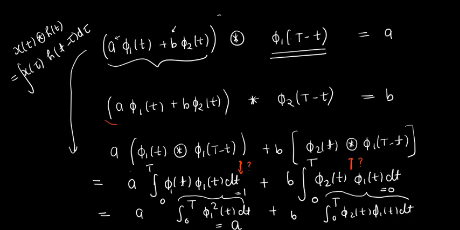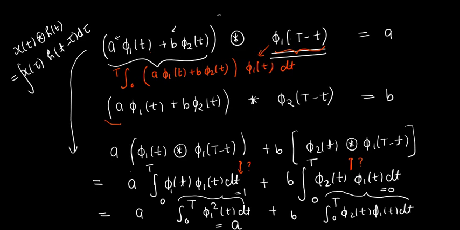Convolving this quantity is the same as this: you multiply this whole thing with phi 1 t, and then integrate from 0 to T.